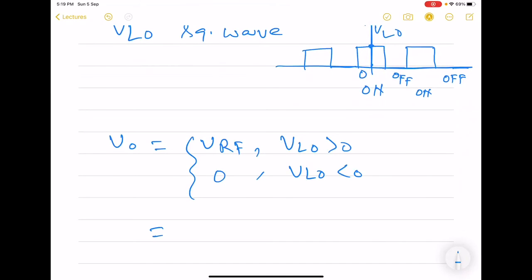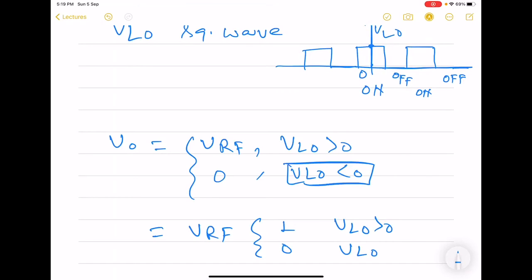So this is what is going to happen, and this again can be written in this form. So here we are saying LO less than 0, but we have taken signal which is between 0 and certain positive.